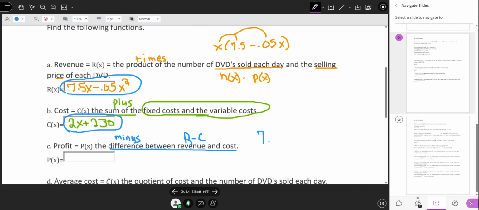So 7.5x minus 0.05 x squared minus 2x, and I'm going to stagger that, minus 230.